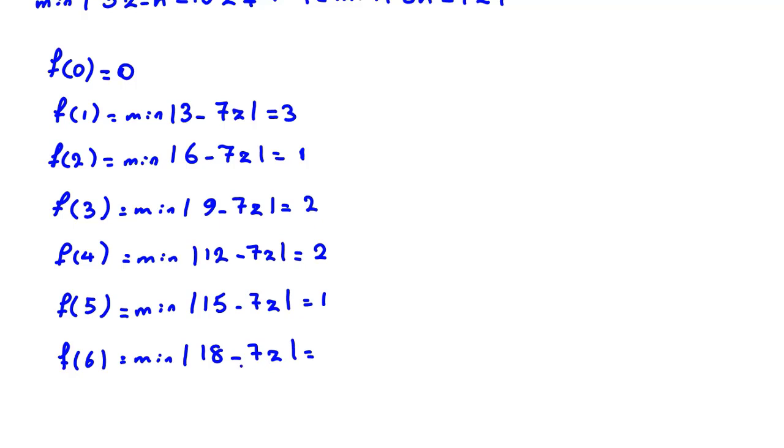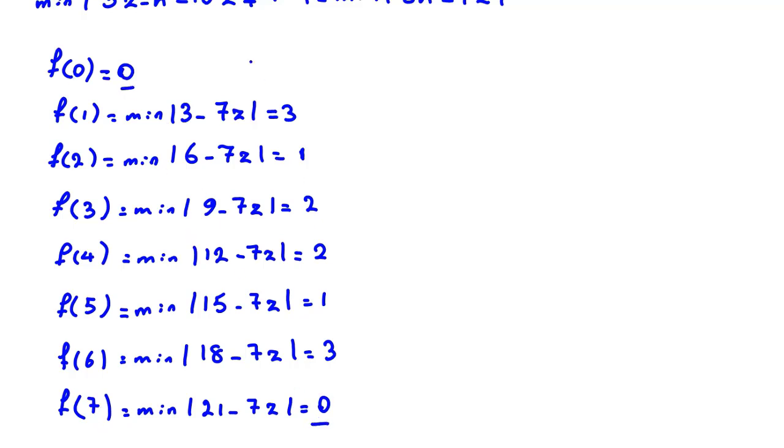Look, 18 minus 7, 11, minus 7, 4, minus 7, negative 3, so it will be 3. f of 7 is the minimum of 21 minus 7z, which equals 0 when z equals 3. And as you can see, for the first time, we've reached 0.